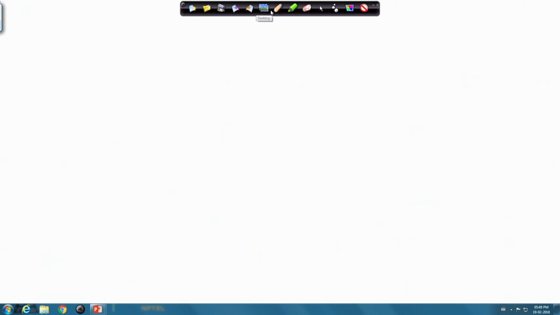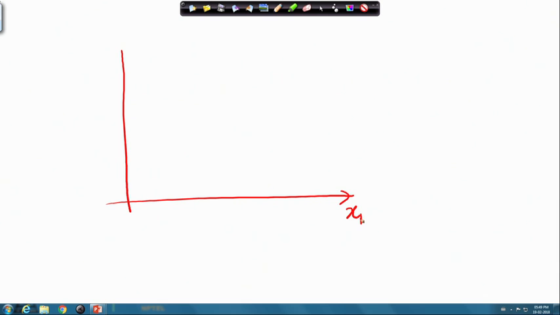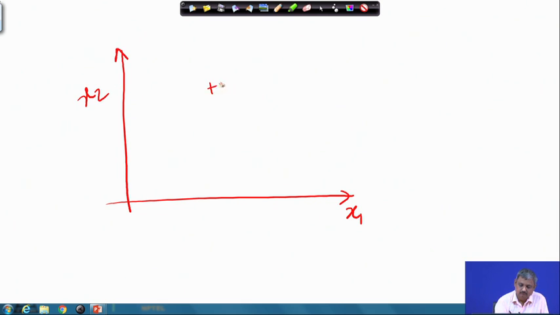Let me again draw it to make things clutter free. So, you can imagine there are infinitely many lines like this that I can draw.